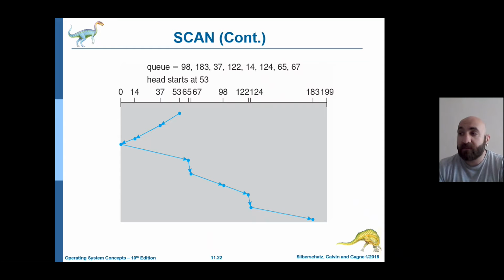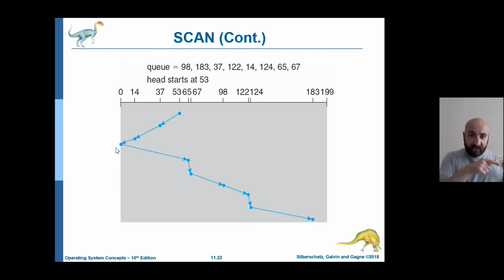So based on the scan algorithm, we are going to move from the initial position in one direction, because we know the head is already moving that way. While moving from the initial position to 0, we are going to service the requests on the path. Here I have a request, so I can serve it. Here I have a request, I can serve it. And then I'm going to reach 0.